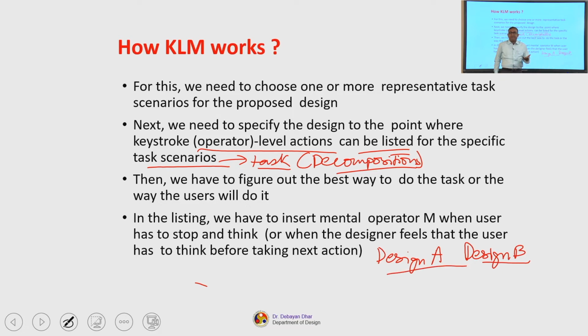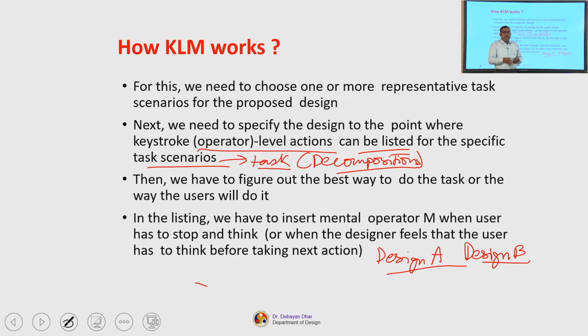Now, in design A, consider the task that the user has to log in to his dashboard, or reach the onboarding screen post login. How can you break down that activity? You write down on a piece of paper or in a word processing file the elementary steps.